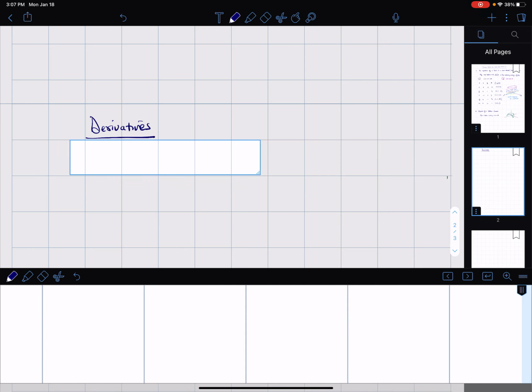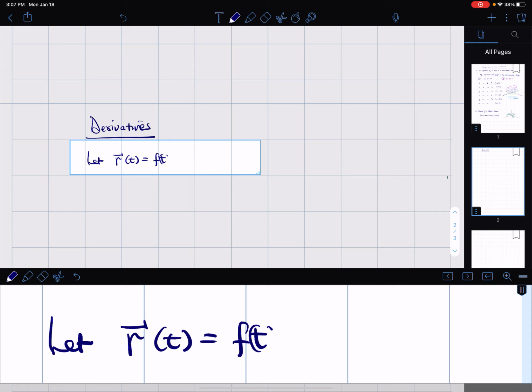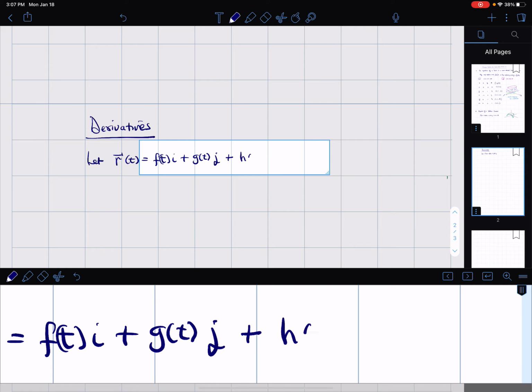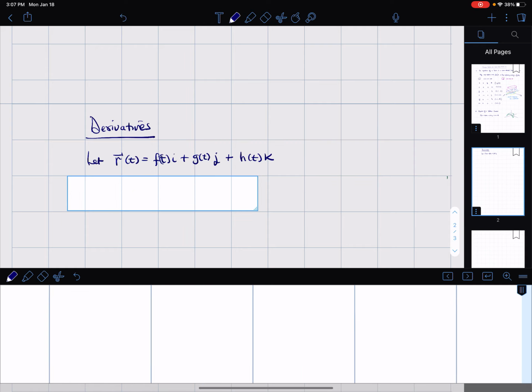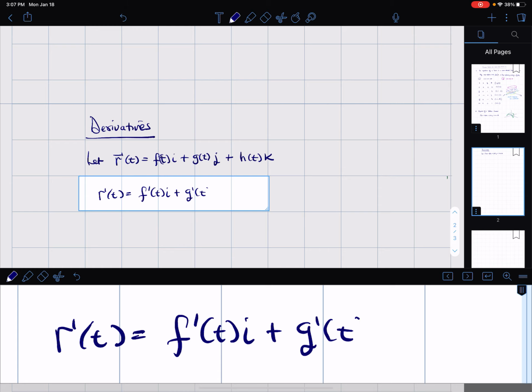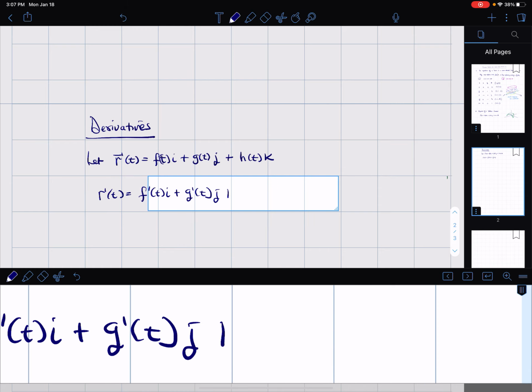So if we let r of t be f of t i plus g of t j plus h of t k, then the derivative r prime of t is just f prime of t i plus g prime of t j plus h prime of t k.